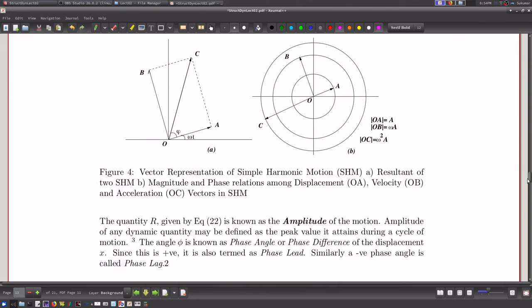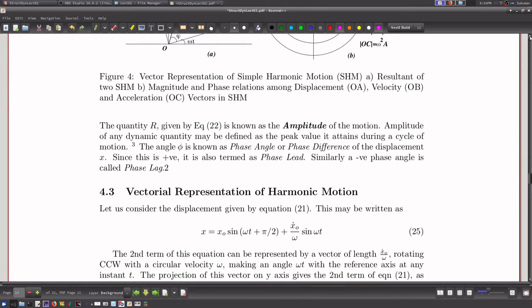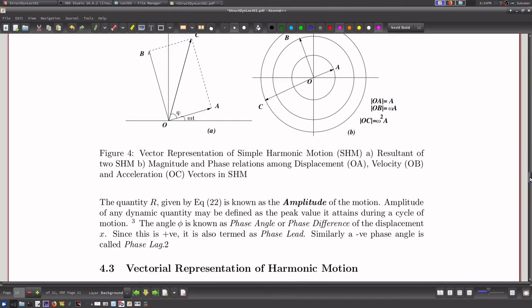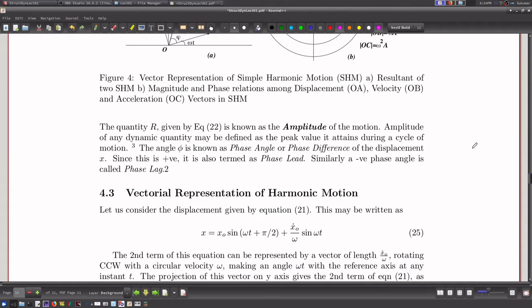And therefore now I can express a harmonic quantity in terms of a vector. To understand this, let me write down my original solution. What was my original solution?